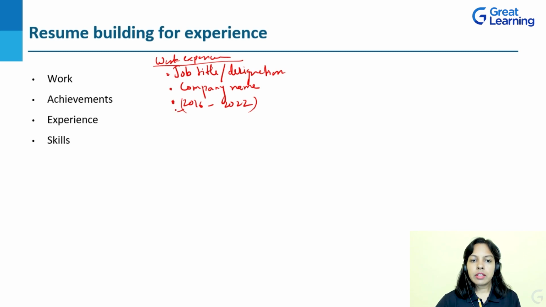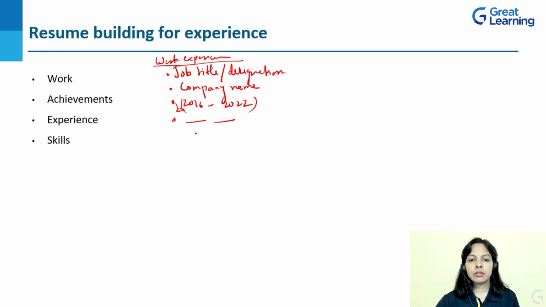Mentioning the month is required where you have not stayed for a year in a company. Or you can mention the month as well, like June 2016 to 2022. If it's current, you can write just June 2016, and in the bracket write current employment. After that, you have to write the location, that is the city and the country.